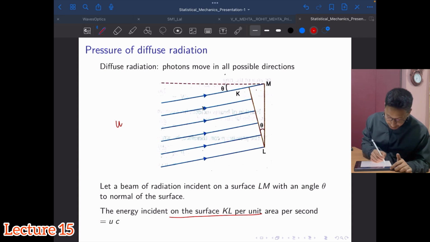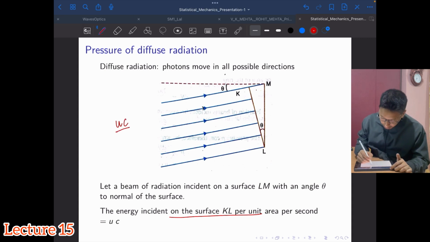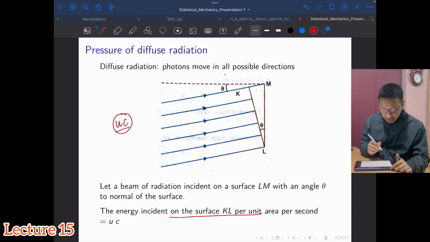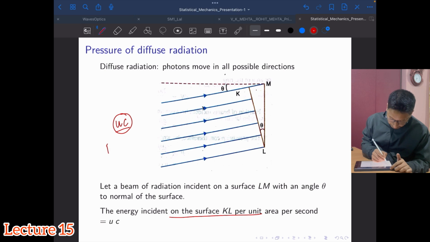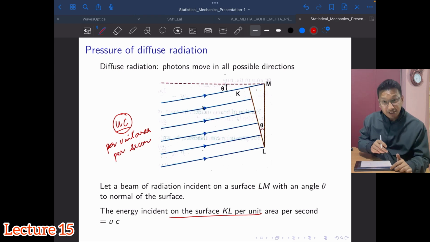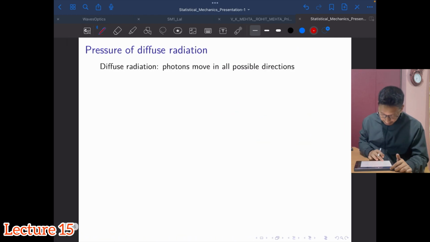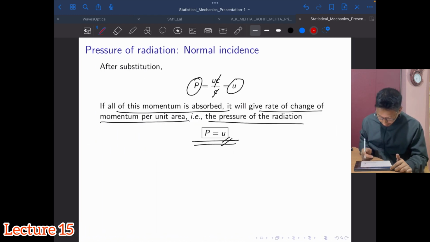So UC is the energy incident on KL per unit area per second, which we calculated just a few seconds back.